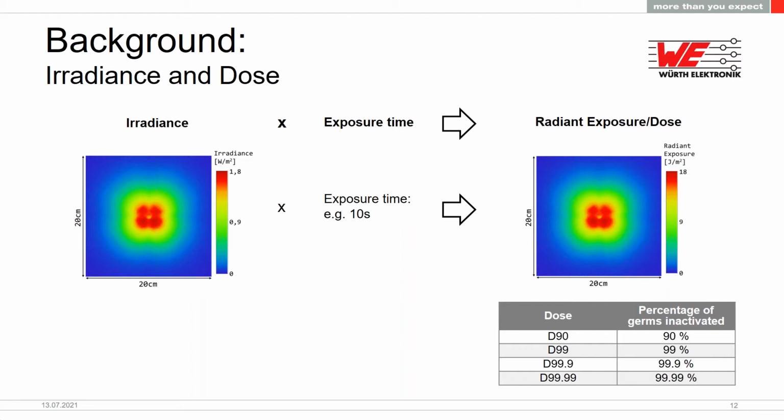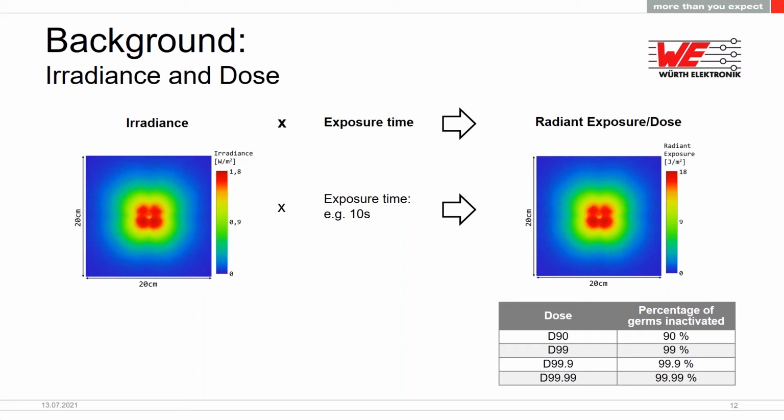You can get this if you have a certain irradiance in your system, and then you apply this irradiance for a certain exposure time. So you leave your LEDs on for a certain time, and you multiply those two values. Then what you get is the radiant exposure, or dose. So it's actually the amount of energy per square meter that is coming onto the surface.